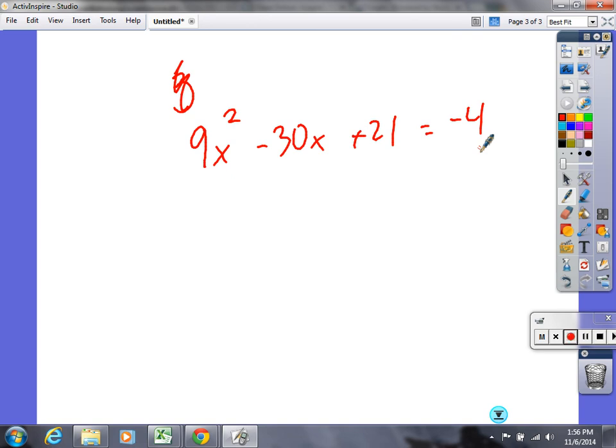It's just a quadratic, right? It might be a 9, but it's still a quadratic. Okay, so is it equal to 0? It's not equal to 0, so I need to make it equal to 0 first before I can do anything. So I am at 9x squared minus 30x plus 25 equals 0. You're okay there?